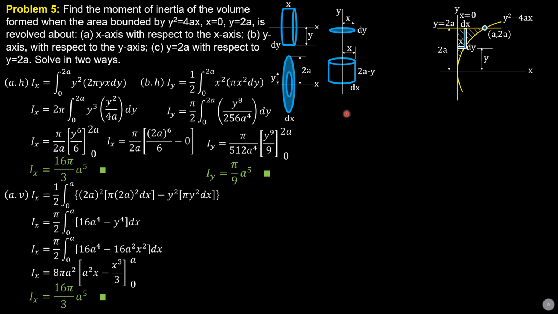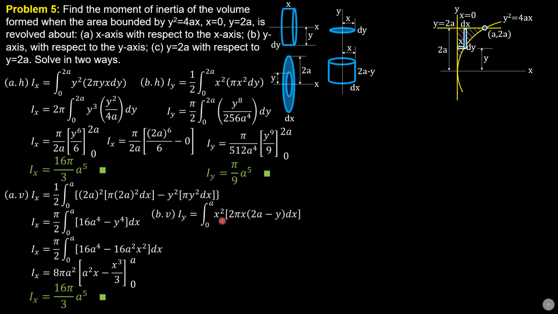Then for the vertical strip, this is the element. It is the integral of the constant distance squared, which is the radius squared. Differential volume is equal to circumference 2 pi x, height 2a minus y, thickness dx. Or simply, by Pappus theorem, the differential area is (2a minus y) dx, then the distance traveled by the centroid is 2 pi x. So for part B, the integral from 0 to a, x is the variable this time, that's why the limit is 0 to a.